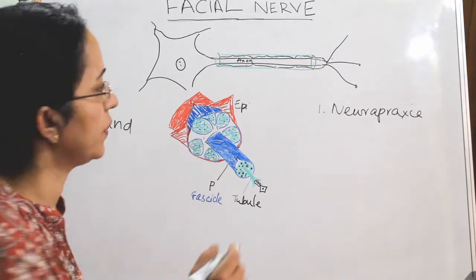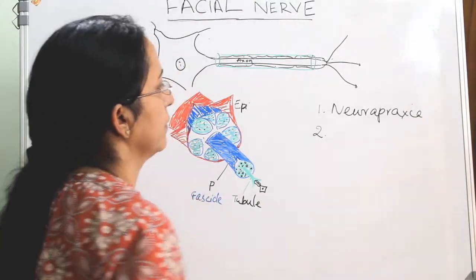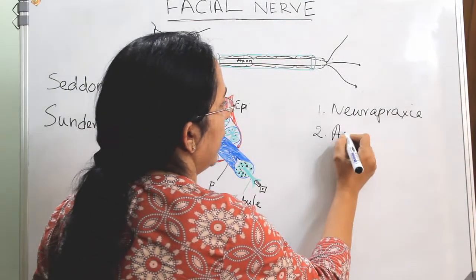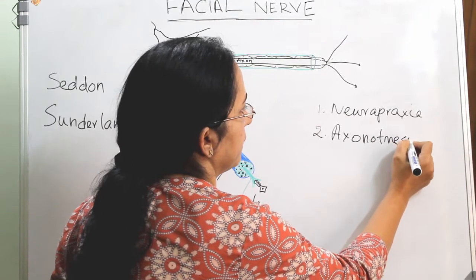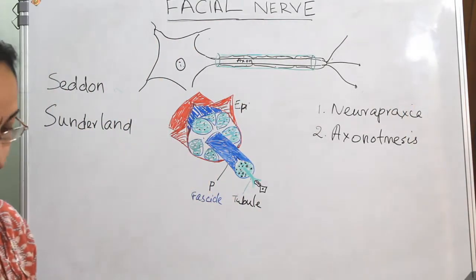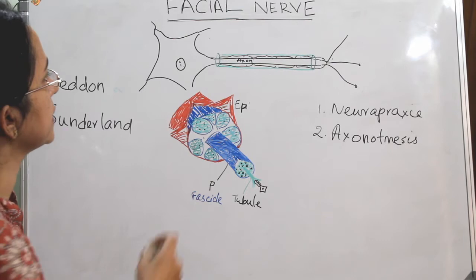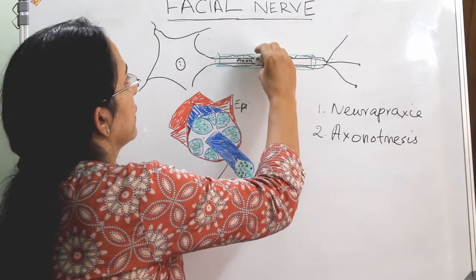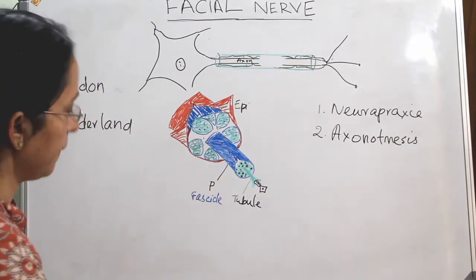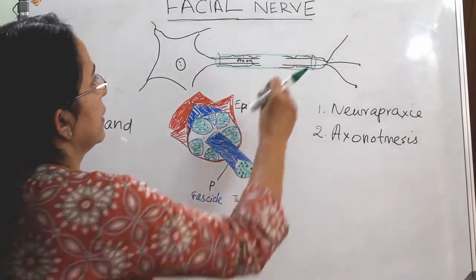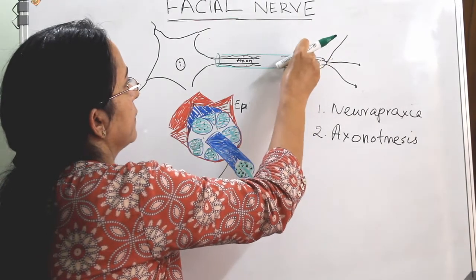And the second one is axonotmesis. What is that? In this, the axon gets injured, right?